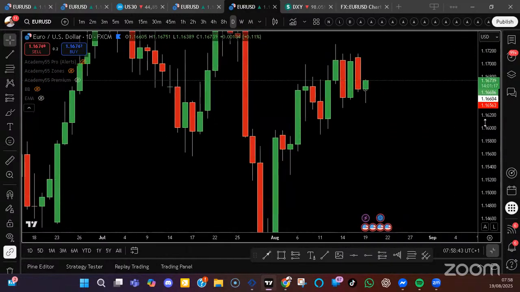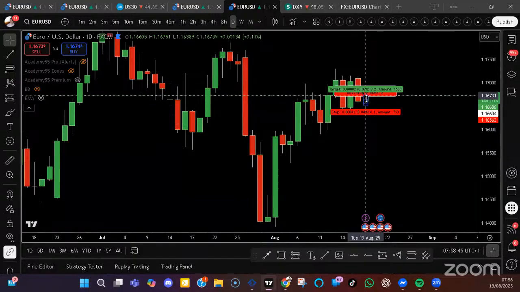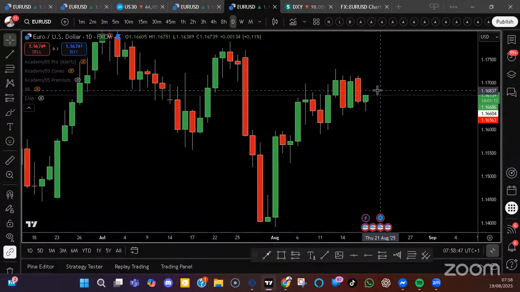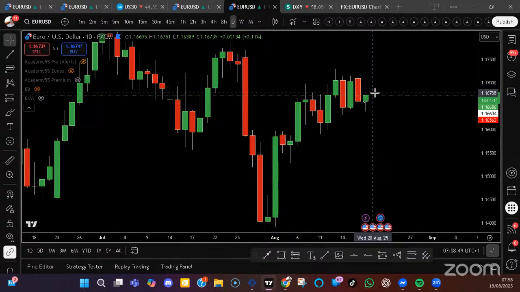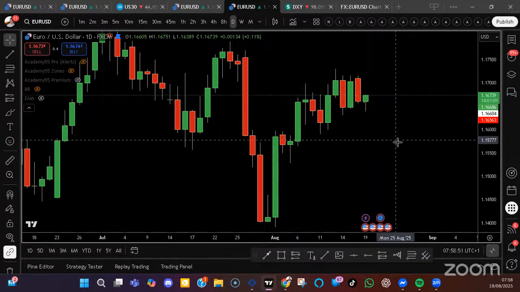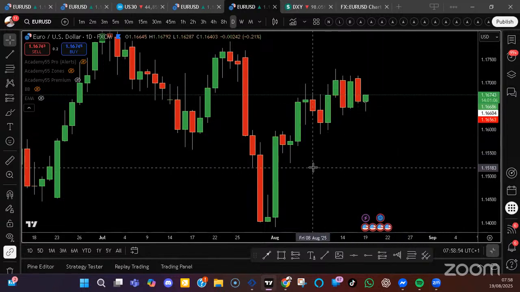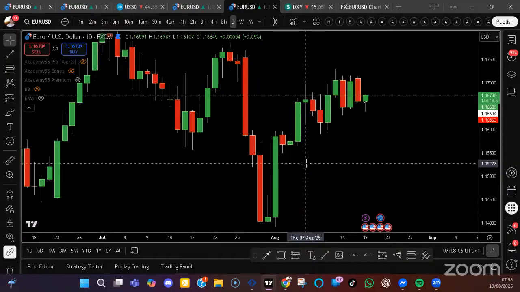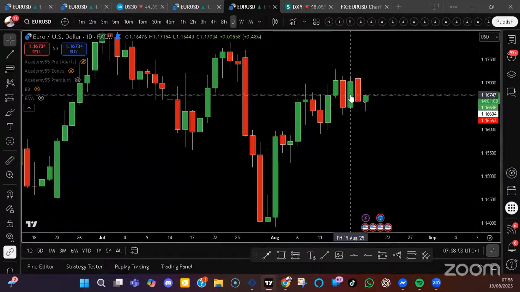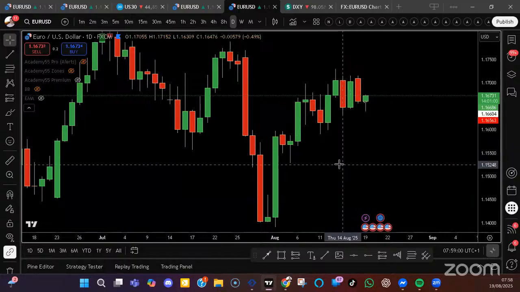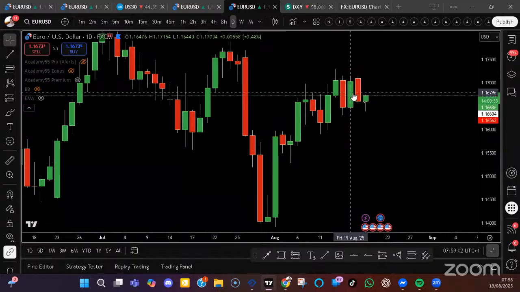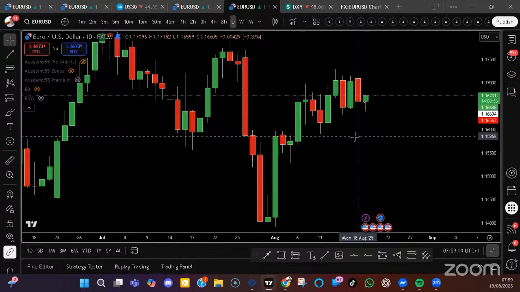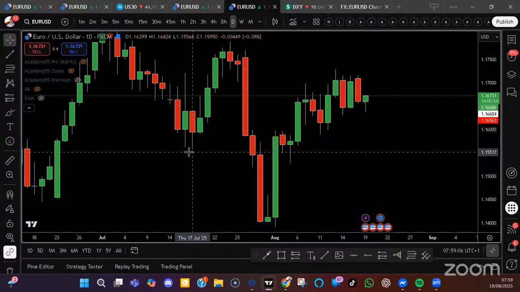We're only really concerned about things that are within 50 pips region of price. And on the daily chart, that is actually 27. Yeah, that is a good 300 odd pips away, so we don't concern ourselves with that.